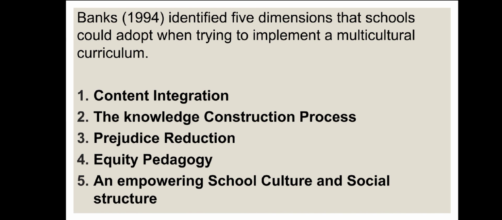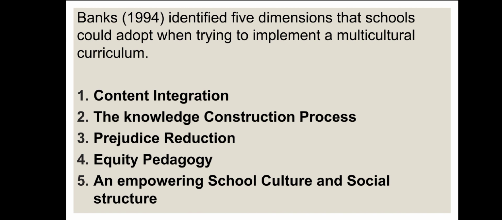Third is prejudice reduction. It describes lessons and activities used by teachers to help students to develop positive attitudes toward different racial, ethnic, and cultural groups. The fourth one is equity pedagogy. It exists when teachers modify their teaching in ways that will facilitate the academic achievement of students from diverse racial, cultural, and social class groups.